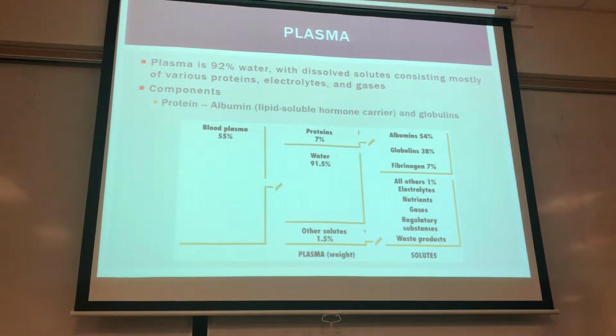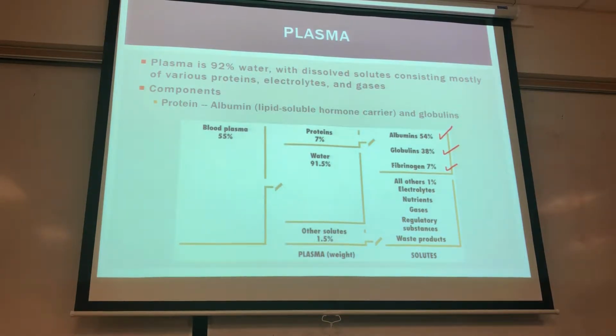And of those proteins, you can see some of the other proteins that are present in here. Albumins, which we already described, being the lipid carrier in blood. Globulins would be your globe-shaped spherical proteins. Fibrinogens being your more fibrous proteins present. The biggest bulk of them will be your albumin for carrying your lipid-soluble hormones.